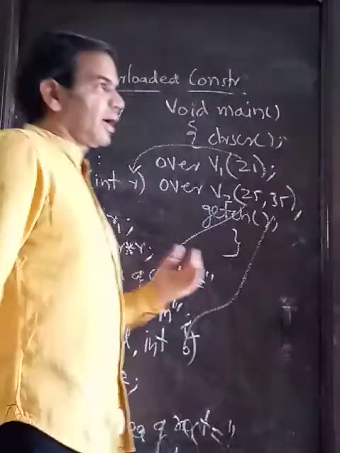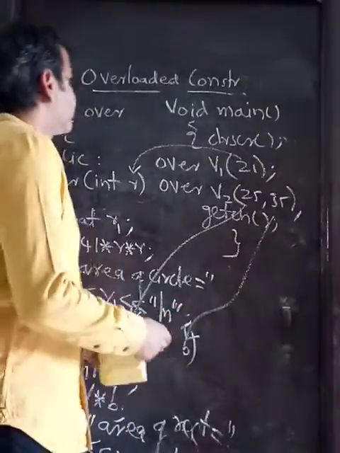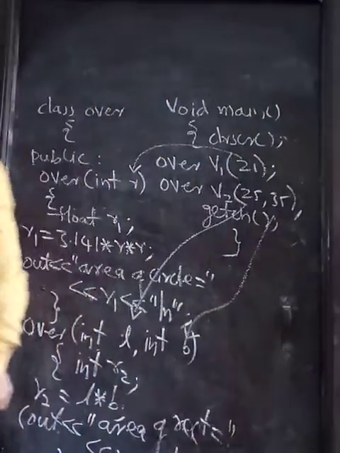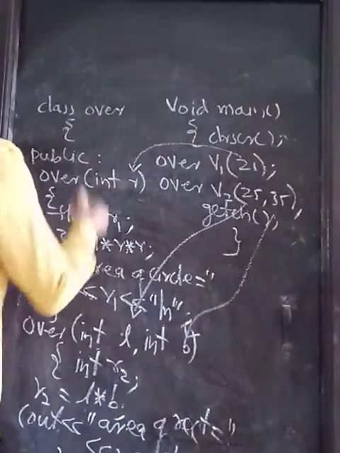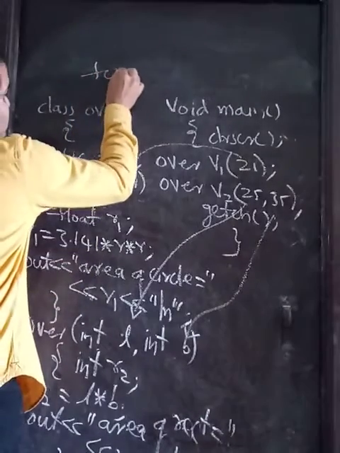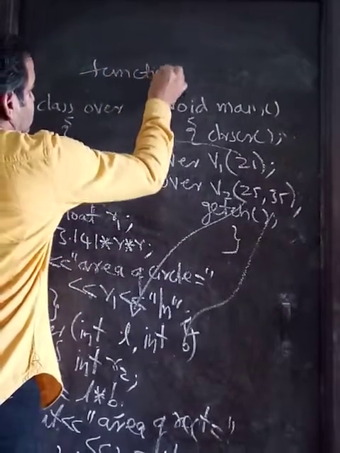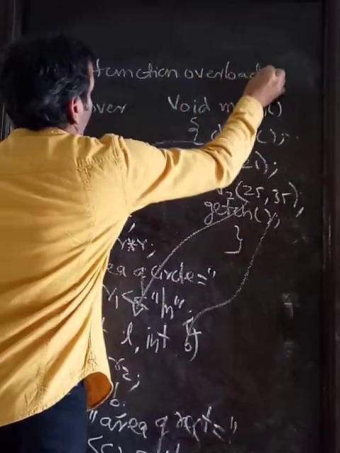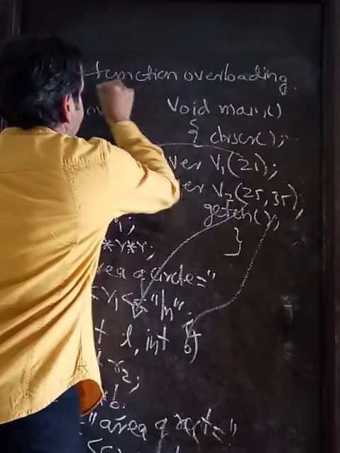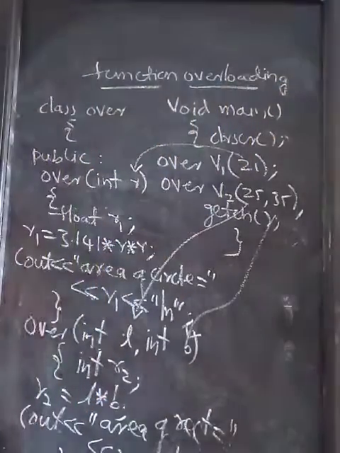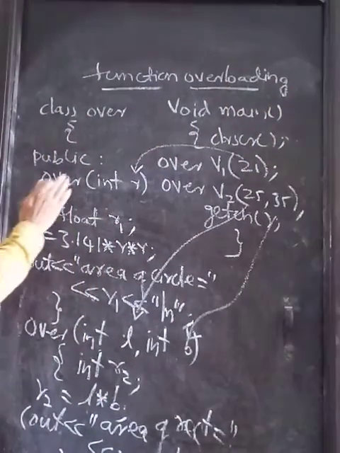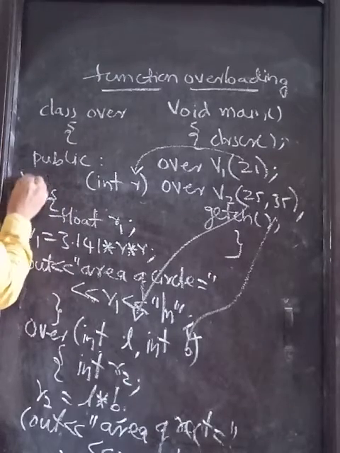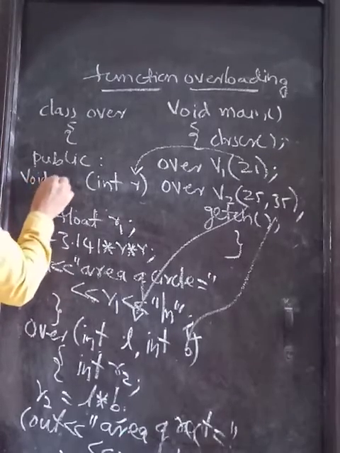So the same program I am converting into function overloading. Here I am taking area, and it will not return anything, so void area.